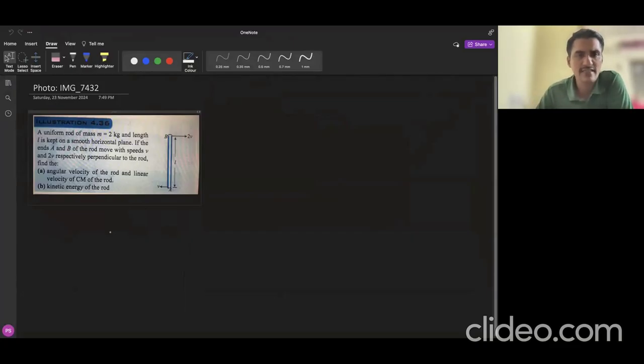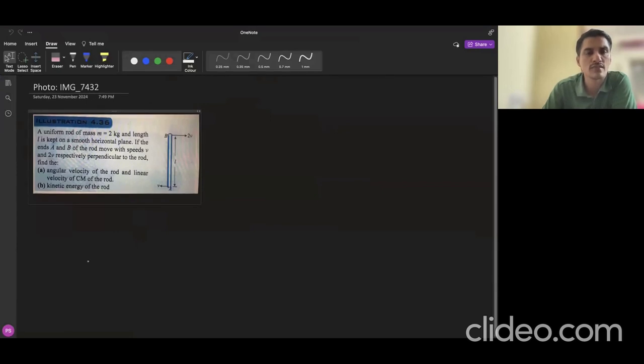If the ends A and B of the rod move with speeds V and 2V respectively, perpendicular to the rod, then we have to answer two questions. First, find the angular velocity of the rod and the linear velocity of the center of mass of the rod. And question B is the kinetic energy of the rod.